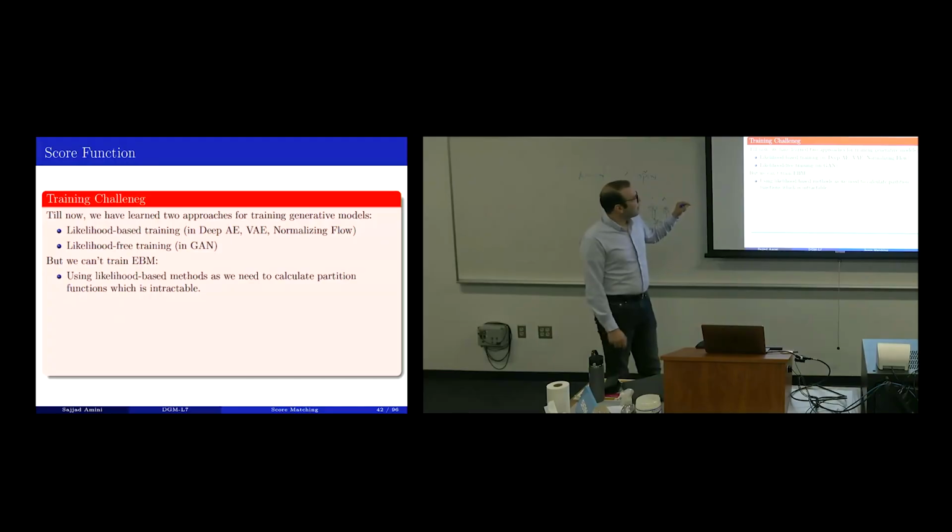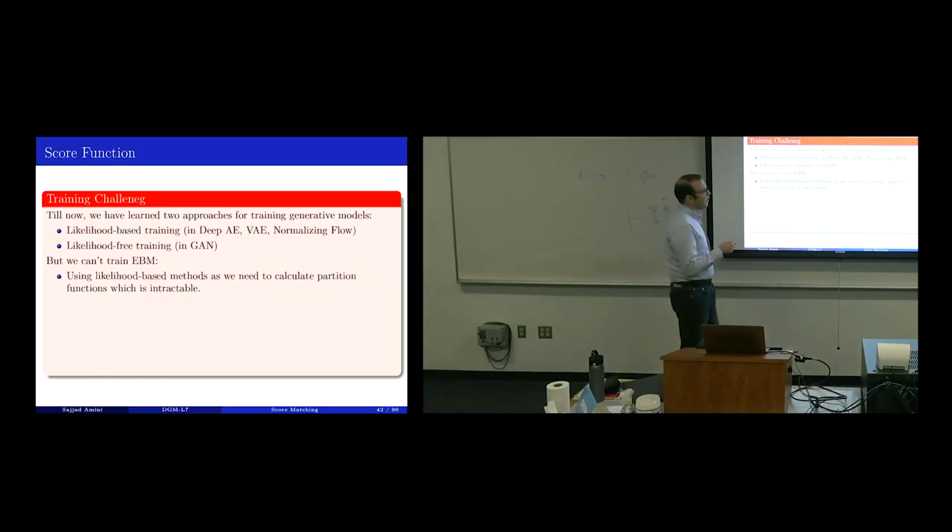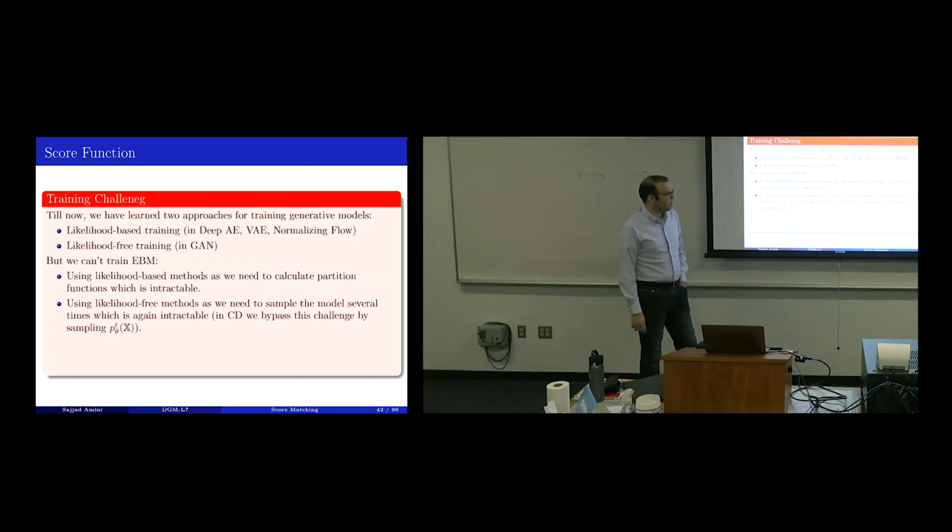But in EBMs, we see that CD is a type of likelihood-based method. In general, to use likelihood-based methods, we need to calculate the partition function, which is intractable. CD mitigates the problem in some ways, but it has some approximation. You see that there was an integral term that we deleted, which results in an approximation.